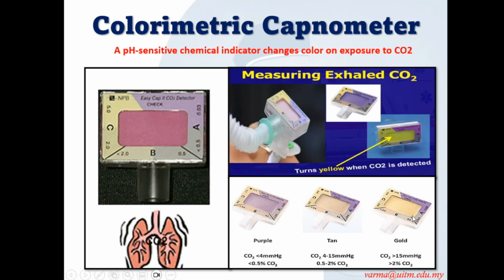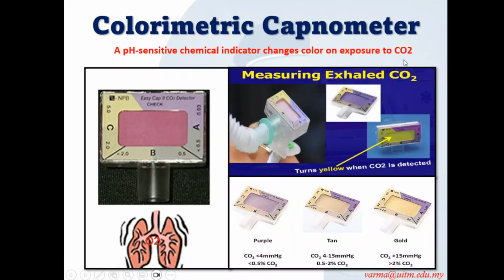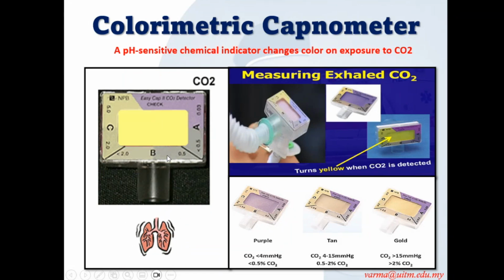CO2 more than 15 millimeters mercury means your ETT is 100% in the trachea and it will become yellow. So it's a pH sensitive chemical indicator that changes color on exposure to CO2. It's like litmus paper. The concept is similar to litmus paper, a chemical reaction upon contact with CO2.